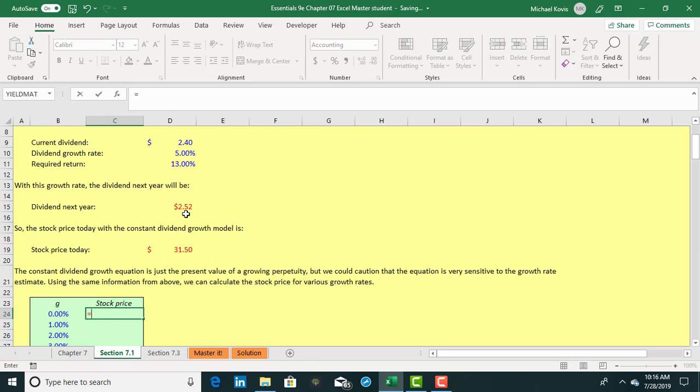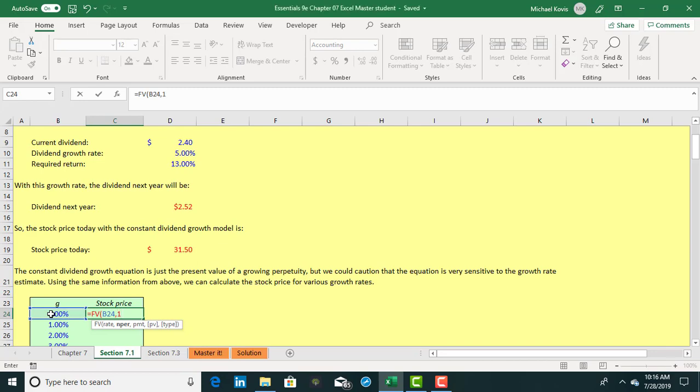I have no PMT, and the present value is my current dividend, and I want to lock that in place. I'm going to multiply it by a -1. So that's the first part of the argument.